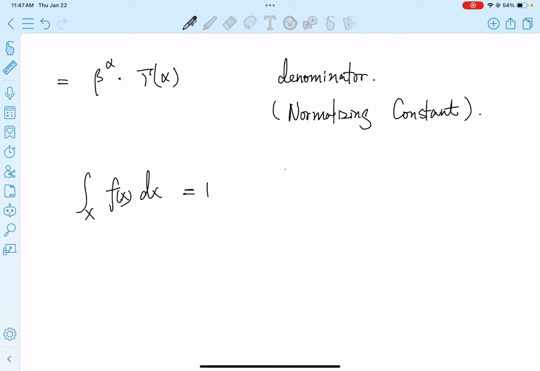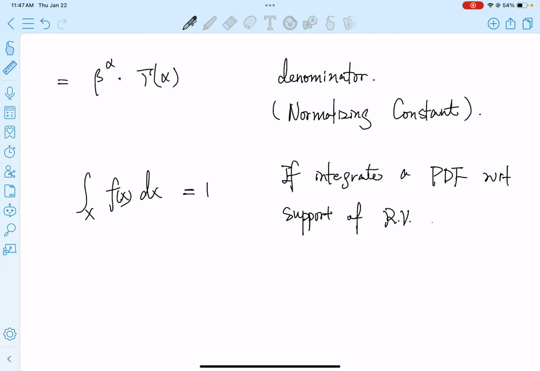So let me write that down. If we integrate a probability density function with respect to the support for x of the random variable x, this should be equal to 1.